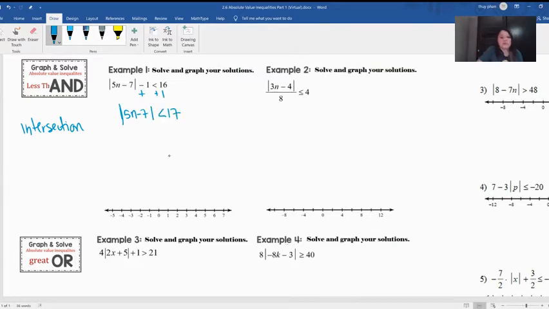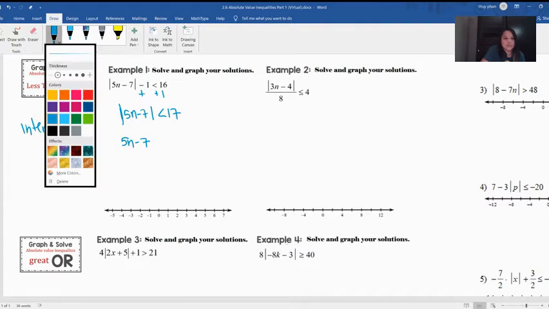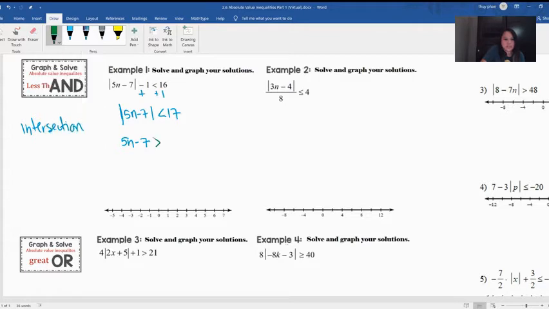Okay, so if I read this, I have the absolute value of 5n minus 7 is less than 17, so therefore it's an and. So I'm going to have 5n minus 7, and remember, you have to reverse the inequality if you're going to bring in the negative here. So it's going to be greater than negative 17. So these are the two things I've changed.